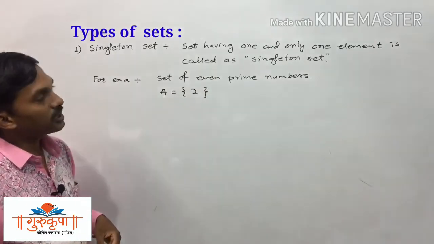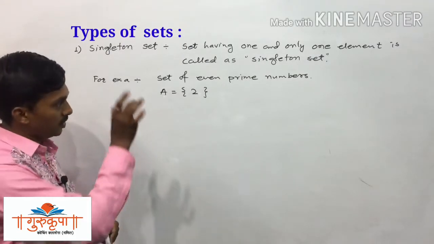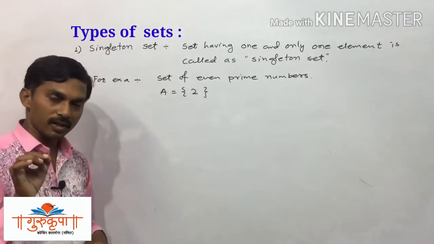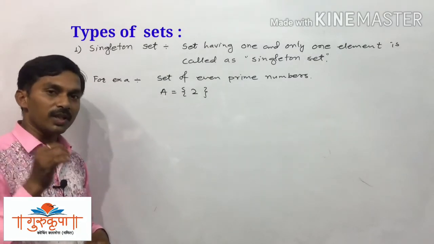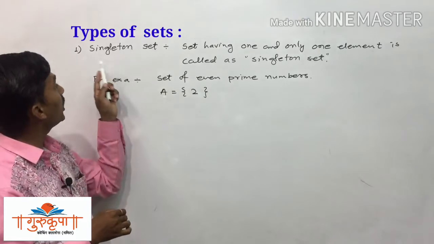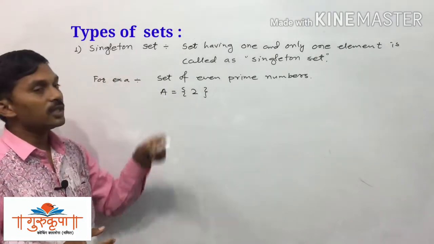We will take one more example. You can write so many examples. We just have to write an example such that the set includes one and only one, that is a single element only. Then it is called a singleton set.